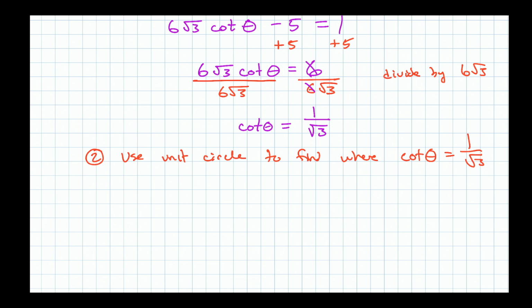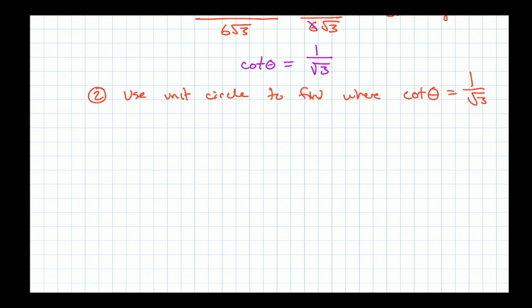All right, and so cotangent theta, in terms of x and y, what is the cotangent theta? It's x over y is what a cotangent is. And then that's supposed to be 1 over square root 3. Now this is why I wrote down those extra values there.